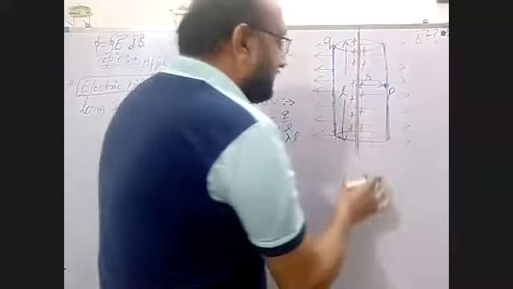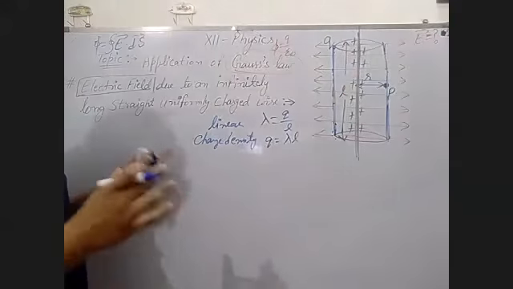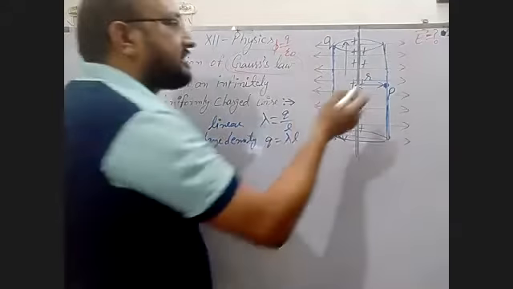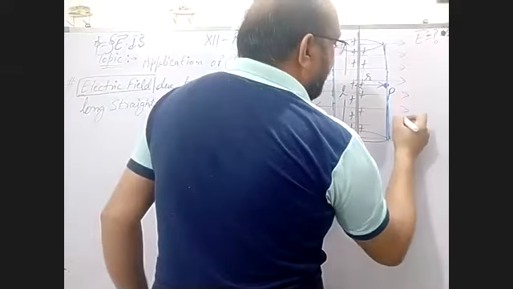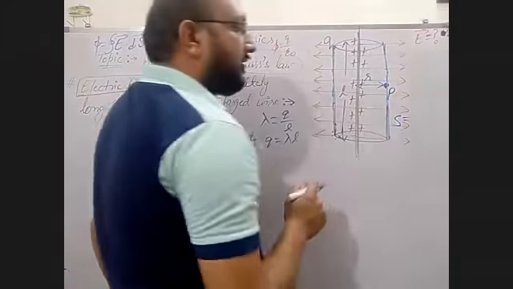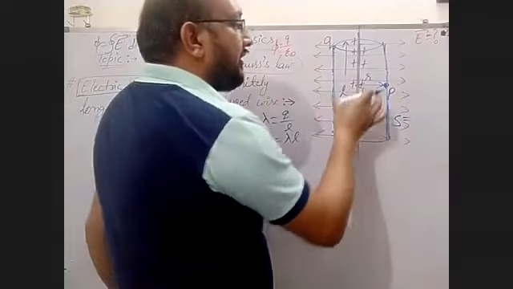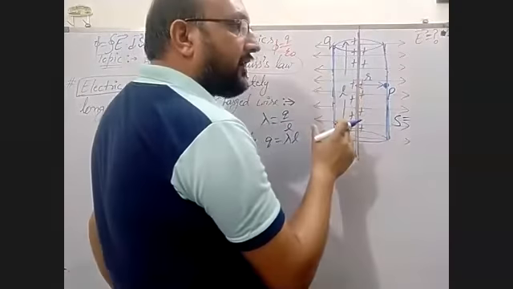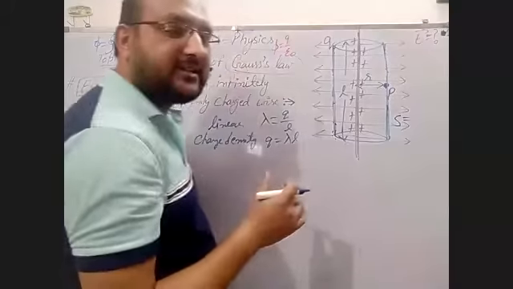Around the uniformly charged infinite wire, you have a surface S. And how can you calculate the surface area of a cylinder?